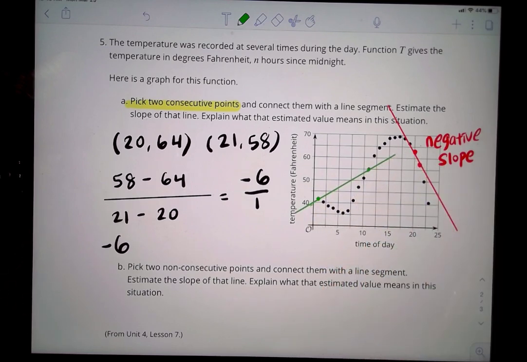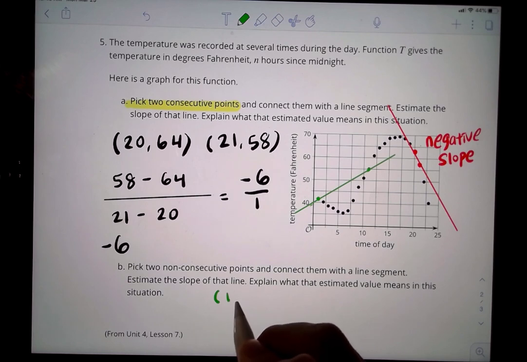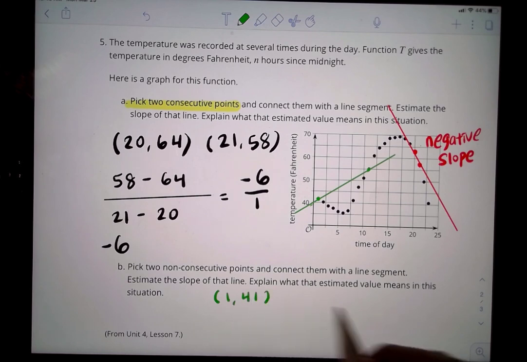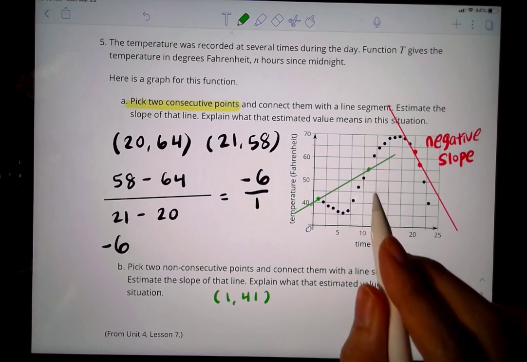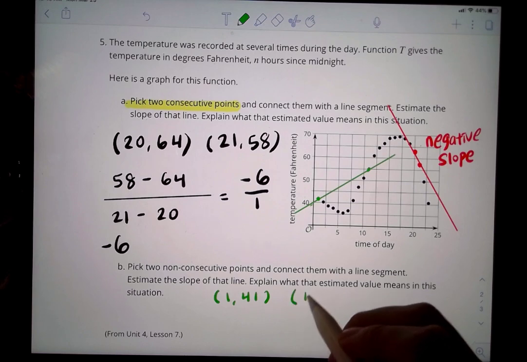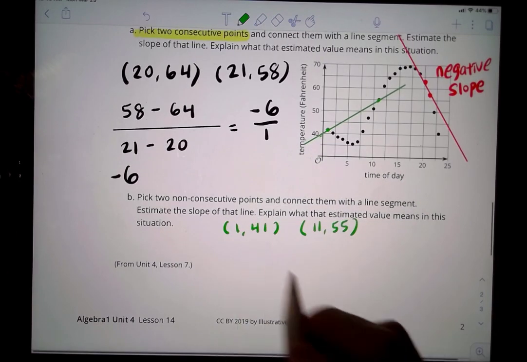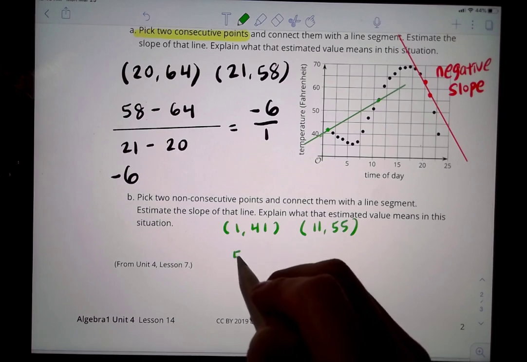You can pick other 2 points. So my 2 points are 1 and 41, and 11 and 55. So my slope, I'm going to do the same work.